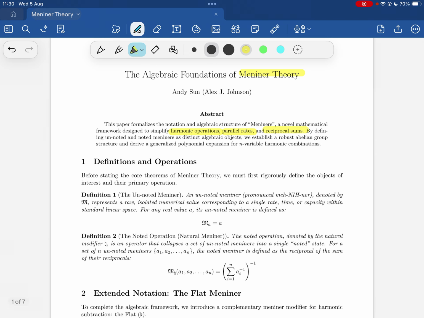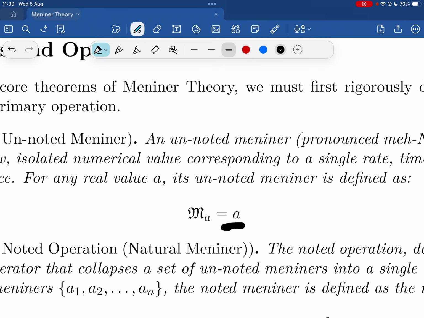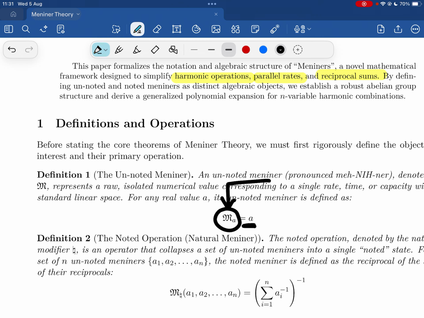Before we define the core theorems of Meniner theory, we must first define what we're actually talking about. The unnoted Meniner, by convention, is just the number of the Meniner itself. Hence, we typically do not have to write the M for Meniner. However, when Meniners are not explicitly used in the problem, it will be more useful to write them in this form to make sure the reader knows that you are using Meniners.